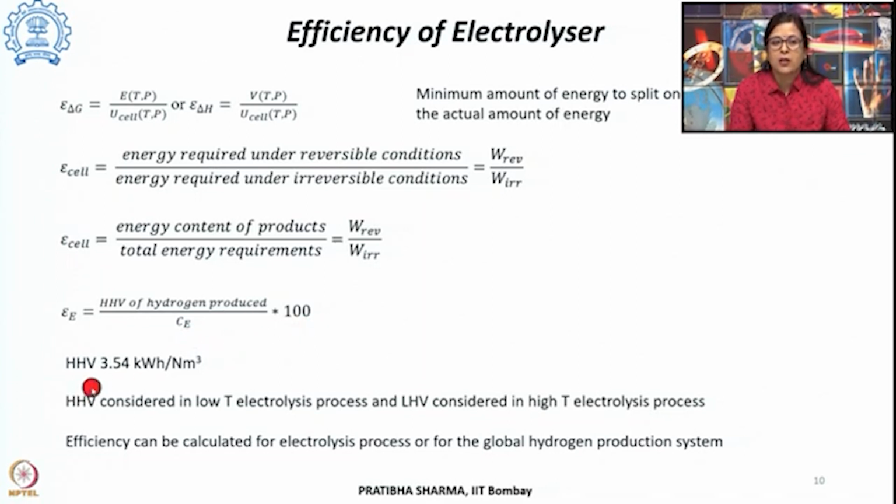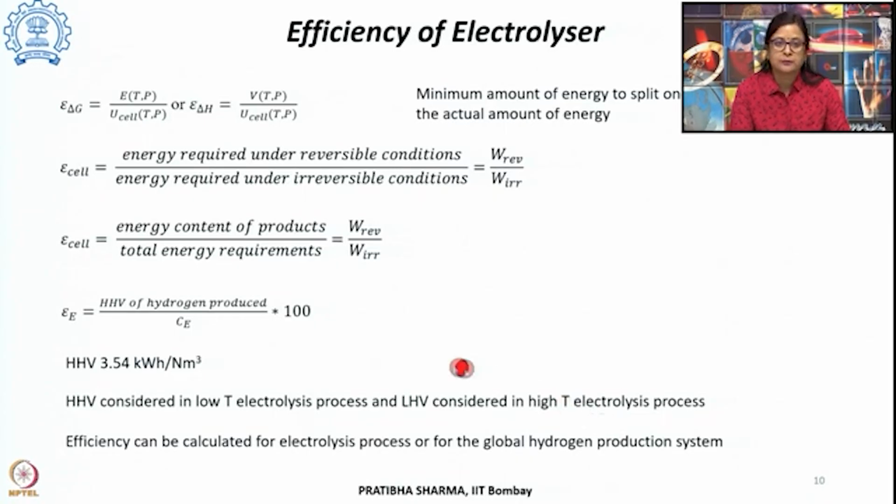The higher heating value can be taken as 3.54 kilowatt hour per normal meter cube, but this higher heating value is taken in low temperature electrolysis process where water is electrolyzed. However, lower heating value has to be taken for high temperature electrolysis process like solid oxide electrolysis, where the water vapor is available for the electrolysis process to take place.